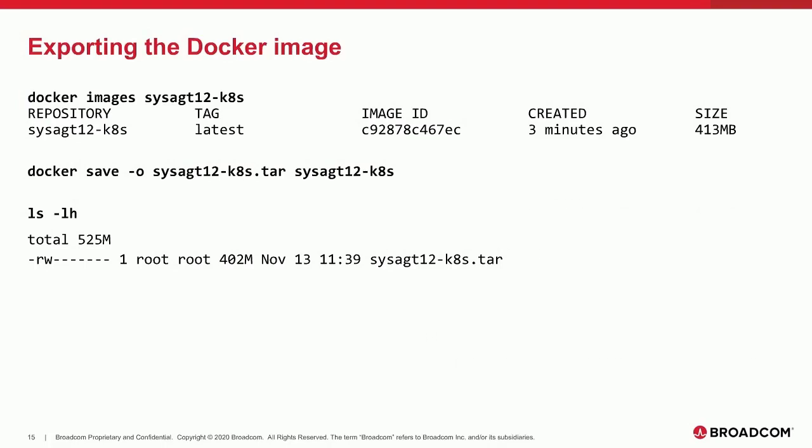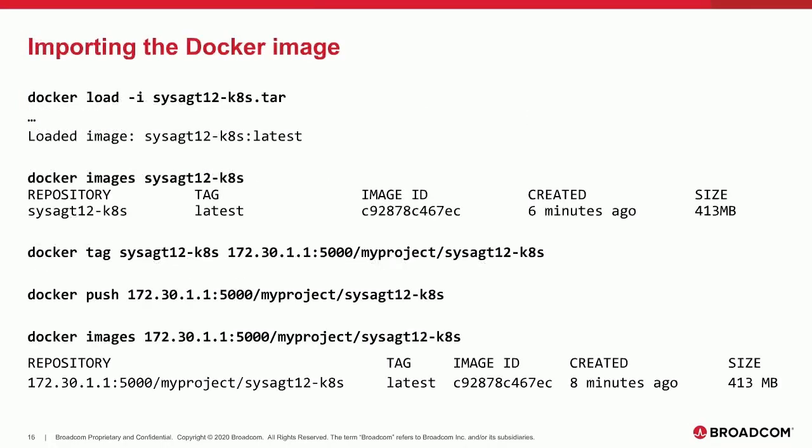And then the next thing that would happen after that would be the loading of the image. There's a bunch of steps here about how to load. So you load the Docker image, and then you have to tag the image to put it into your OpenShift repository, and then push it to the OpenShift repository.